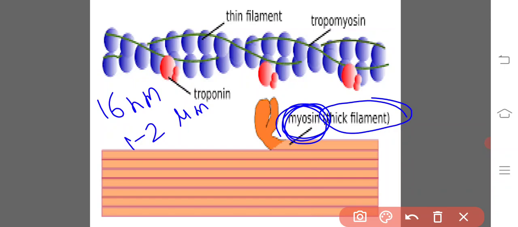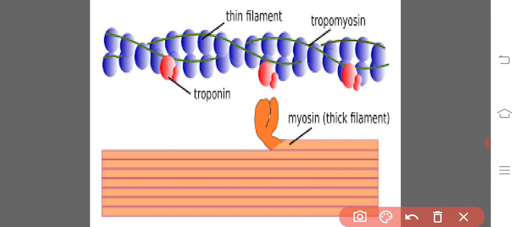This motor protein pulls various cellular structures to achieve movement by converting the chemical energy of ATP to the mechanical energy of motion, that is, the production of force. In skeletal muscle, a single thick filament consists of about 300 molecules of myosin.